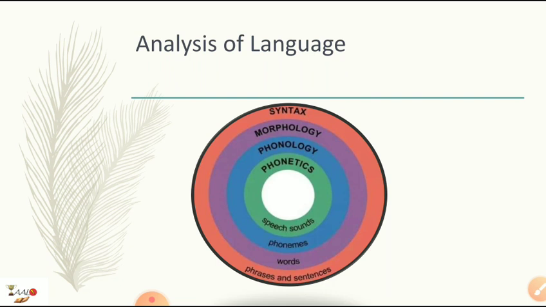So for each language, there is a unique structure and a unique system, and language should be studied in terms of its own unique structure. There is no such thing as a universal grammar which is common to all languages.